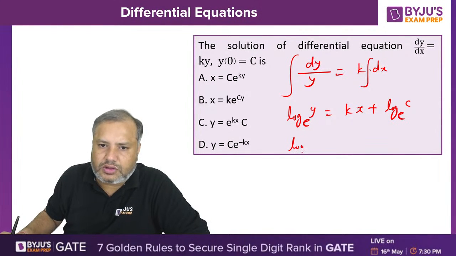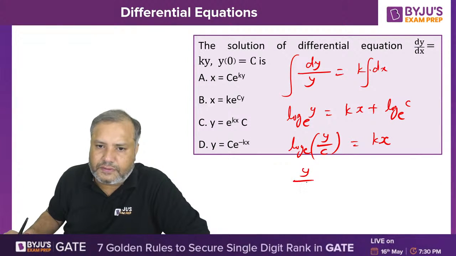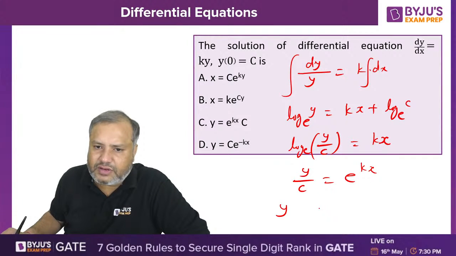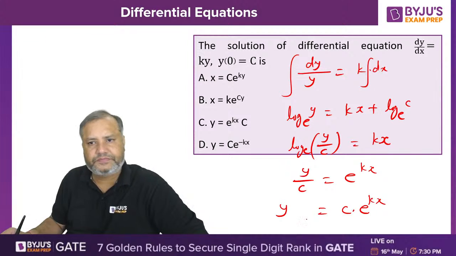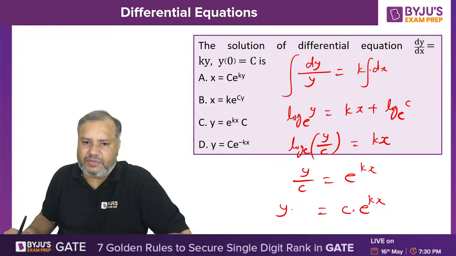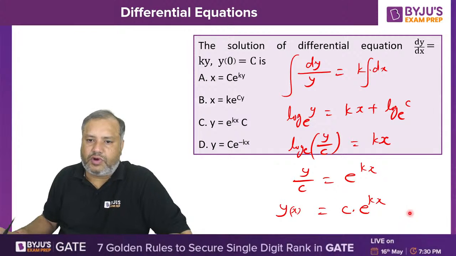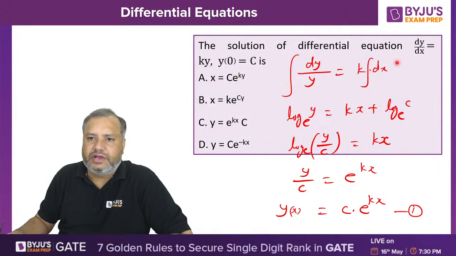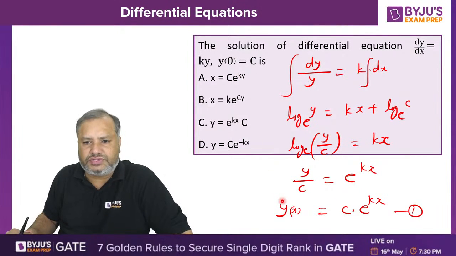So this is log y by c equal to kx, taking anti-log. So y will be c times e raised to kx, correct? Okay, sir. So this y means y of x. Now, what is the initial condition given? It is given as y of 0 equal to c.